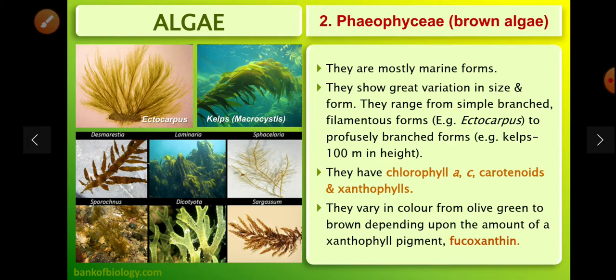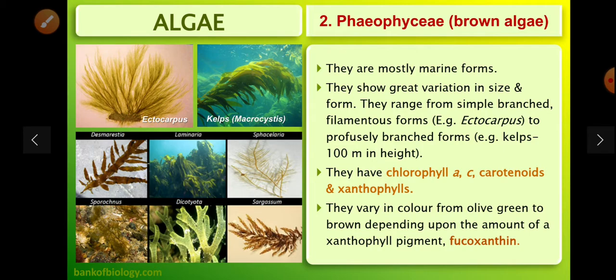Next is brown algae, that is Phaeophyceae. They are mostly marine. They show great variation in size and form. They range from simple branched filamentous to profusely branched forms. Example, kelps, 100 meters in height.